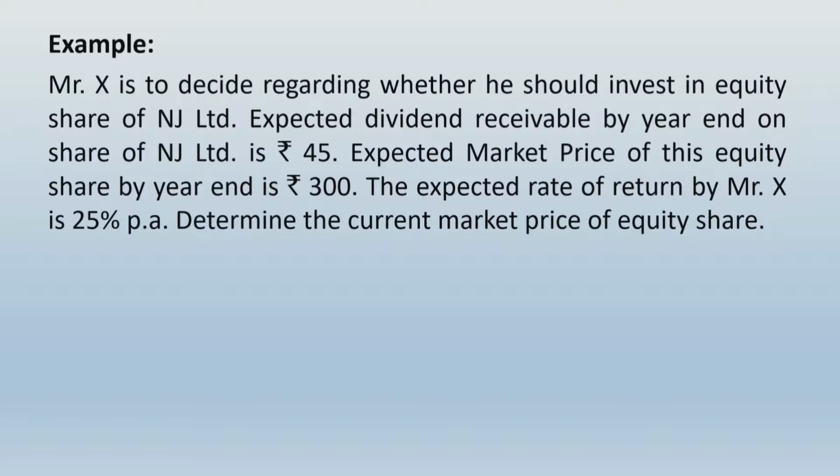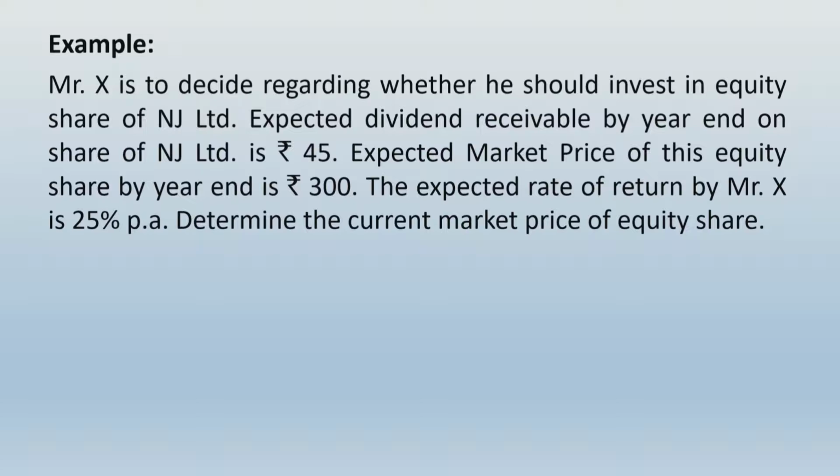Now, if you focus on this example, it is so plain and simple. At the end of the year, you are expecting a dividend of rupees 45, and also the price of the share would reach 300. So the total wealth in your hand by the end of 1 year will be 300 plus 45.